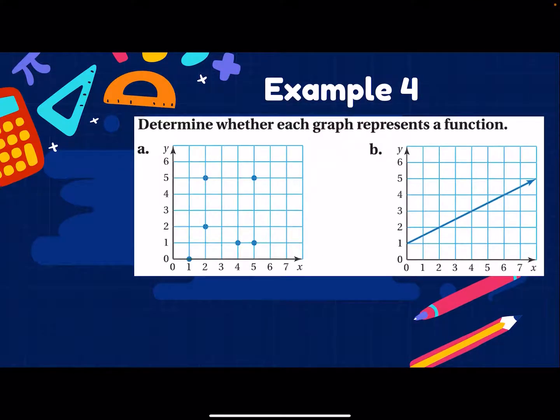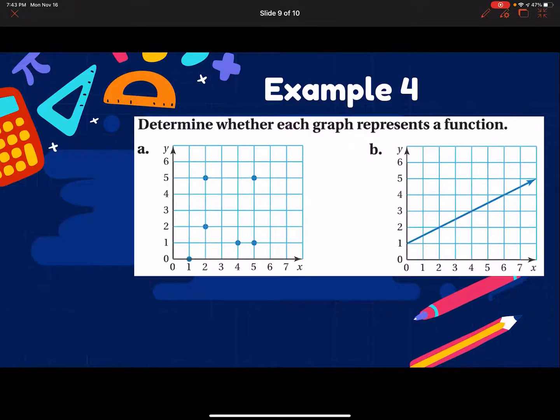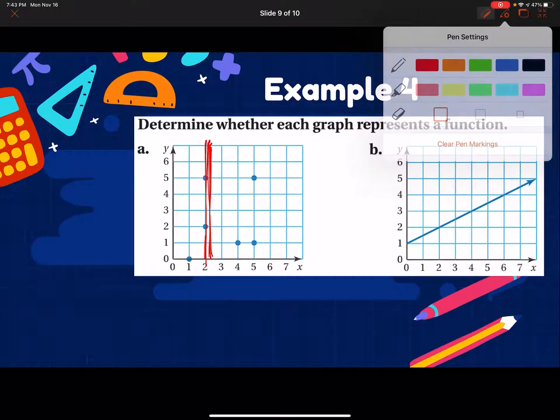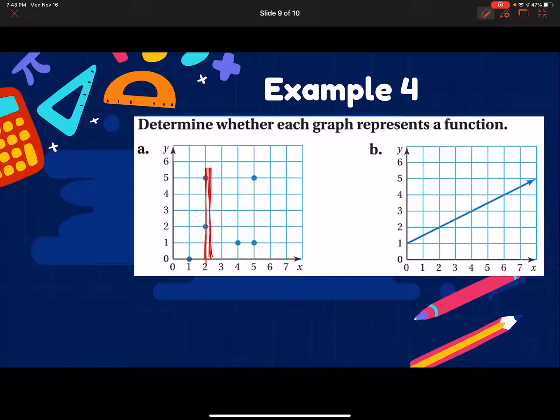Okay, example 4 says determine whether each graph represents a function. So think about this like a vertical line test. And you can visually see in example A, right here, I'm drawing multiple lines, trying to get used to a new stylus. So let's look at it again.